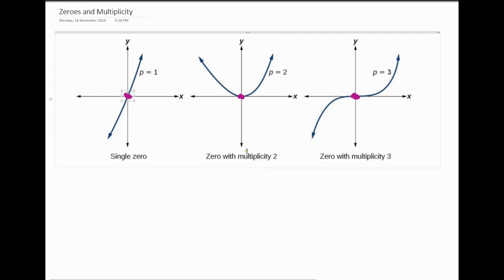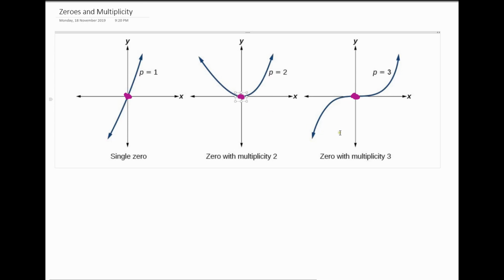But if a zero has a multiplicity of 2 in this second graph, or any higher even number, 2, 4, 6, 8, then the drawing of your graph tends to bounce on that particular root, thus creating a parabola-like shape here.